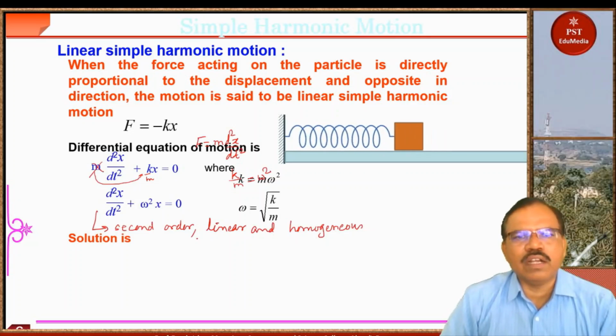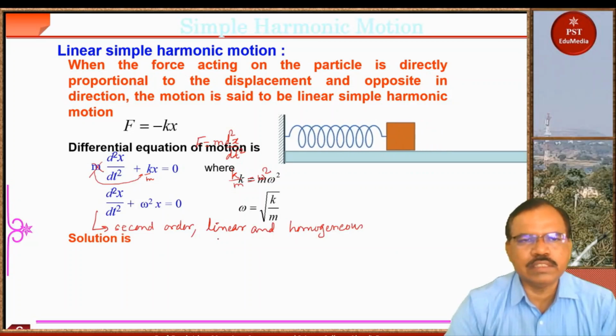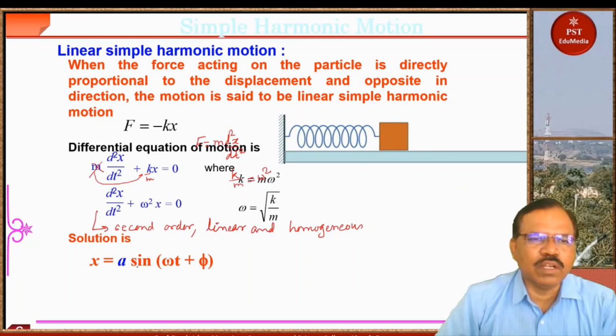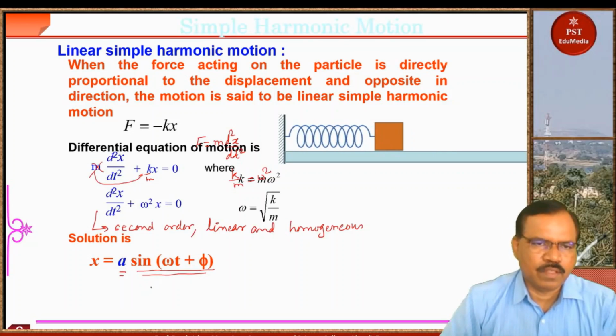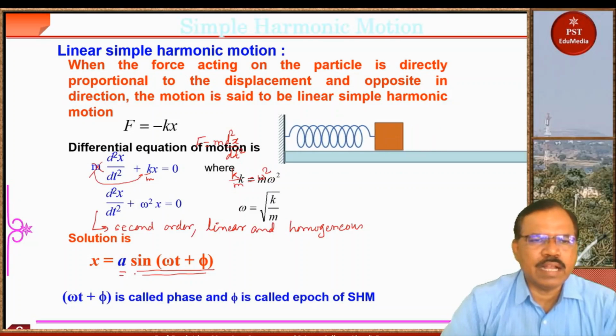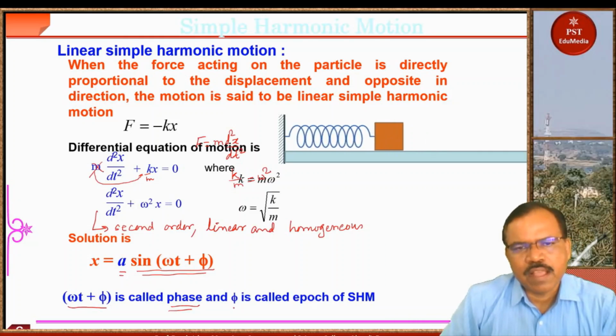If we solve it, which is very simple to solve, we get x is equal to a sine omega t plus phi, where omega t plus phi is called the phase of the oscillations, and phi is called epoch.